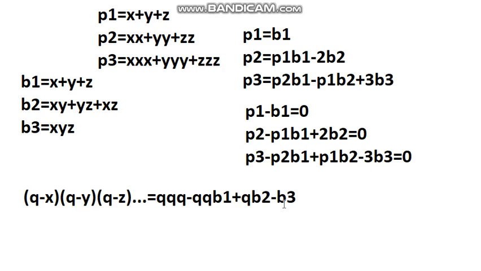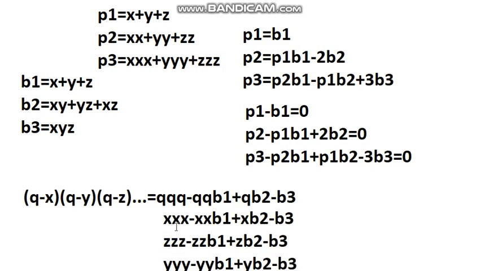It looks like this, but you know, when q equals x, q equals y, q equals z, we sum them all, and we will get the same thing very easily. If we sum them, we will get those p3, p2, p1, and 0. But know that if we set the x, it will be 0. It means all of them are equal to 0. We'll sum them and get this thing.